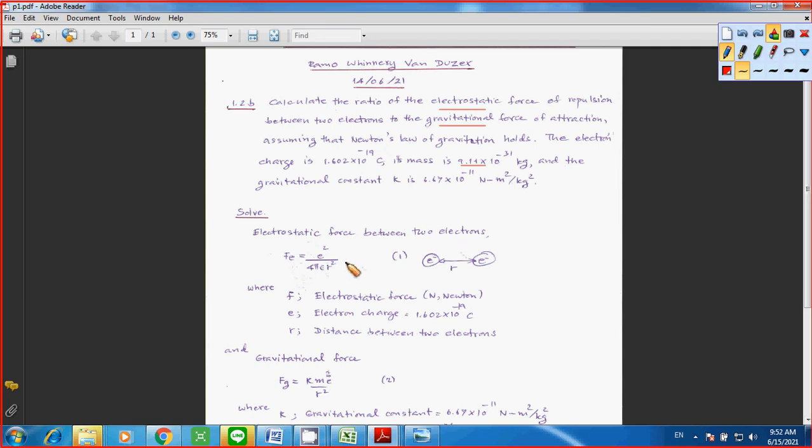You know that for Coulomb force, F equals Q1 Q2 divided by 4 pi epsilon r squared, where Q is the electron charge, which is a given constant, and epsilon is the permittivity of the medium. In this case, let's assume that the electrons are in free space, so epsilon is going to be epsilon 0.